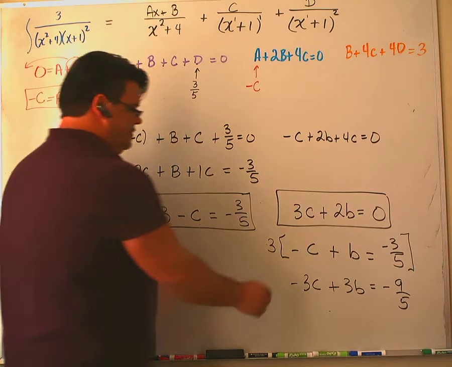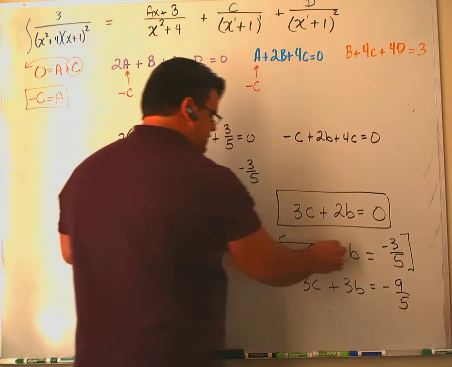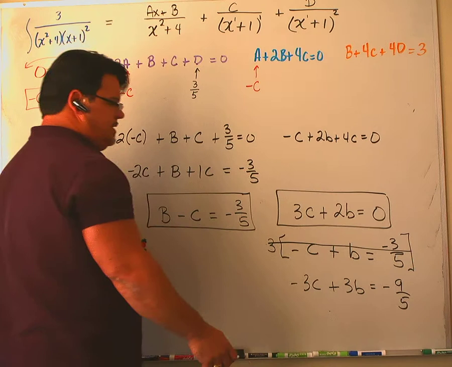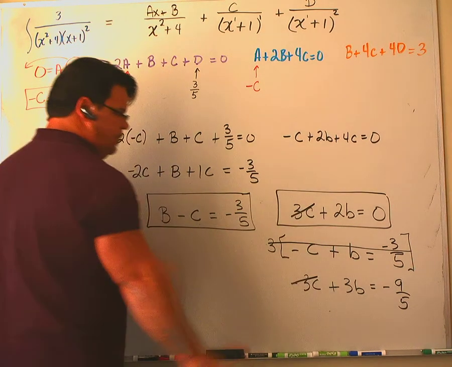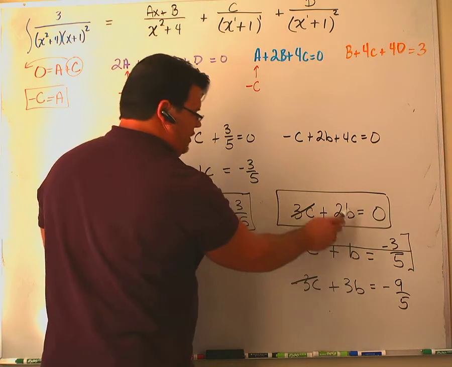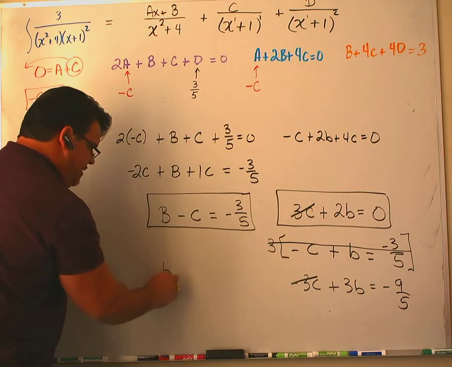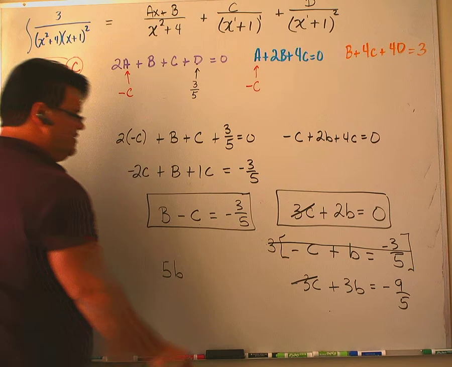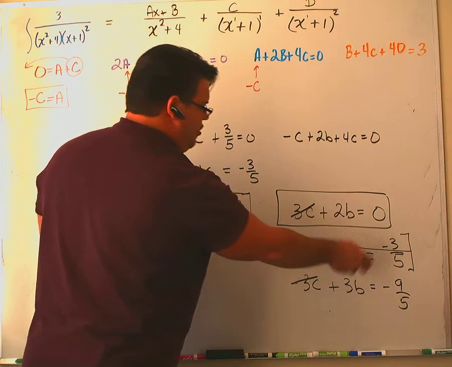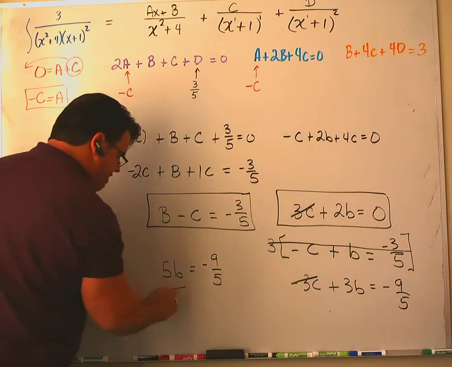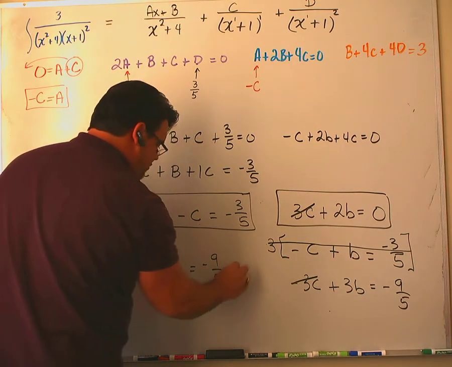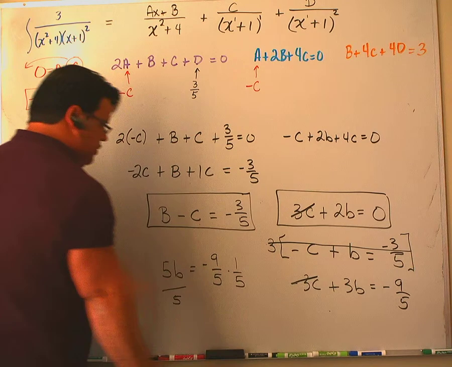Now we're just going to ignore this because it doesn't exist. We have this now, and that 3C would cancel. And what is 3B plus 2B? That'll be 5B is equal to 0 minus 9/5, which is negative 9/5. Divide by 5. When you divide by 5, you multiply by 1/5, the reciprocal.